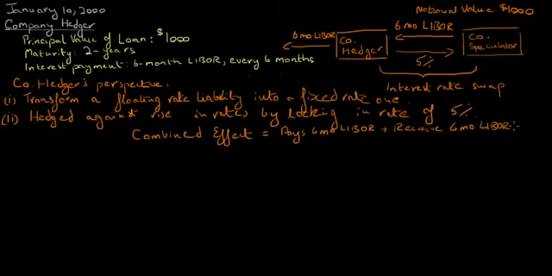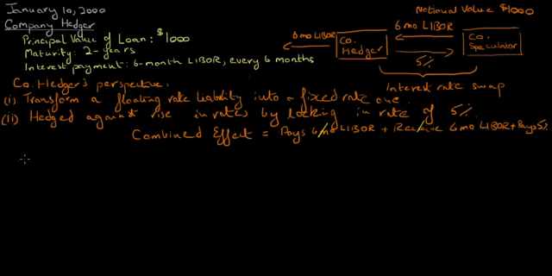And finally, it pays 5% on fixed leg of the swap. So payment and receipt of 6-month LIBOR offset each other, and the only liability that company hedger is left with is that it has to pay 5% on a notional value of $1,000.